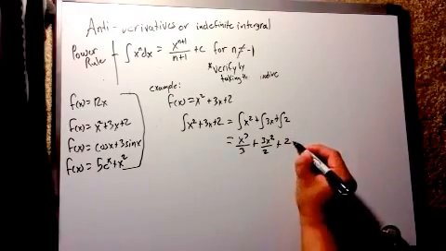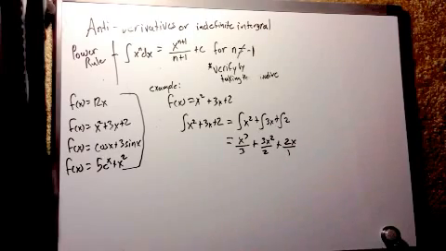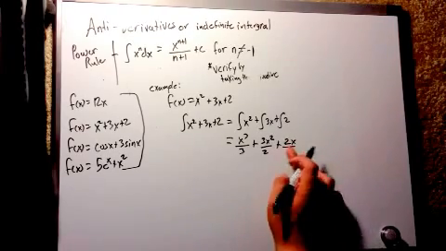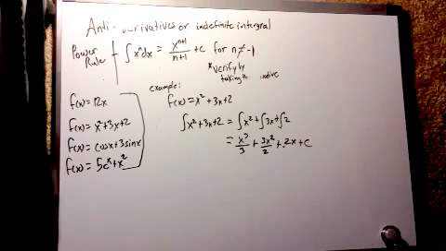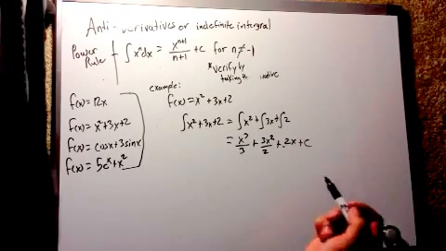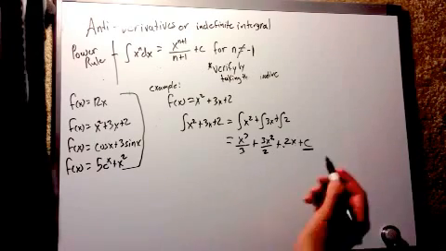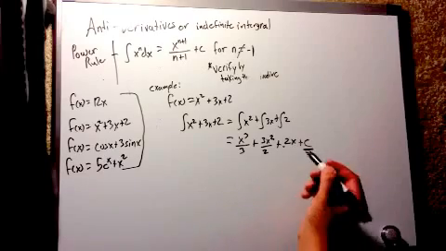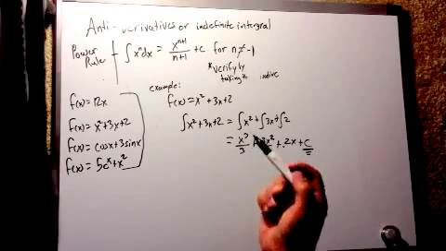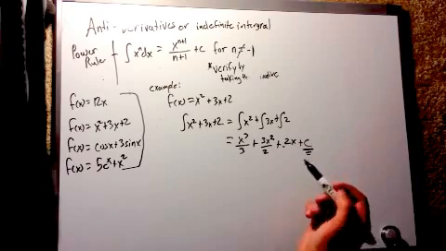Then we add 2x to that, technically 2x over 1. And then we put plus c, because it's an indefinite integral. The only time you write the plus c when you're doing antiderivatives or integration is when you have an indefinite integral. That's a big thing in this chapter.